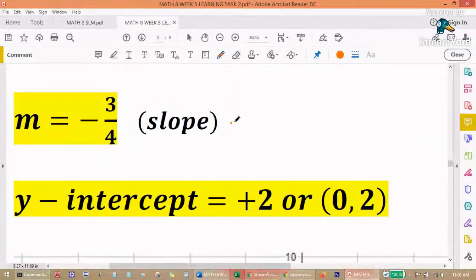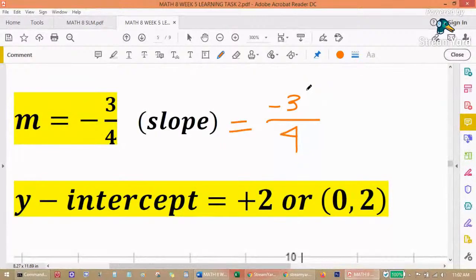So, since negative 3 over 4, pwede nating isulat yan as negative 3 over 4. Yung negative, pwede nating ibigay yan kay 3. So, magiging negative yung 3 and positive yung 4. Kasi ang negative number, pag dinivide ng positive number, negative divided by positive is equal to negative.